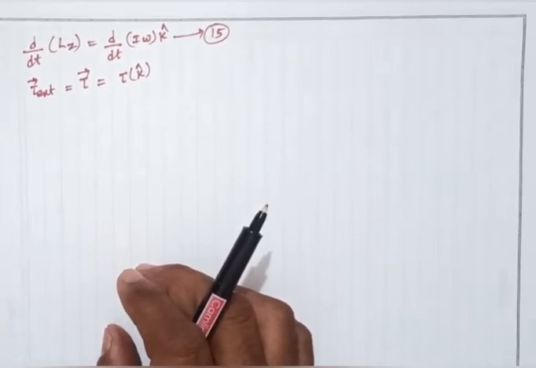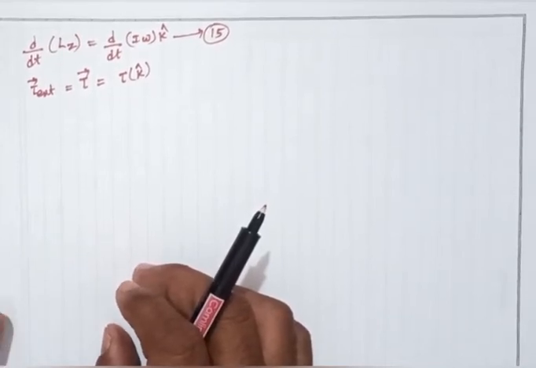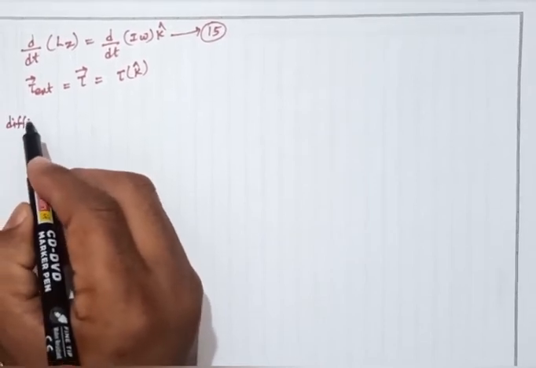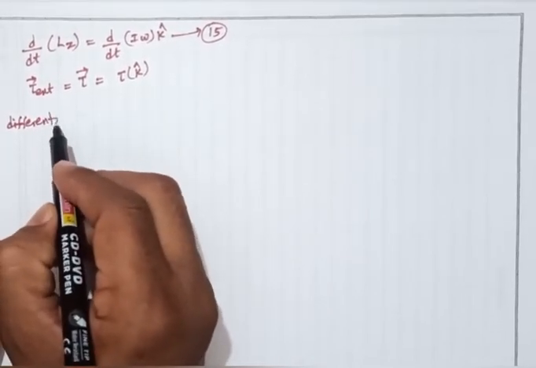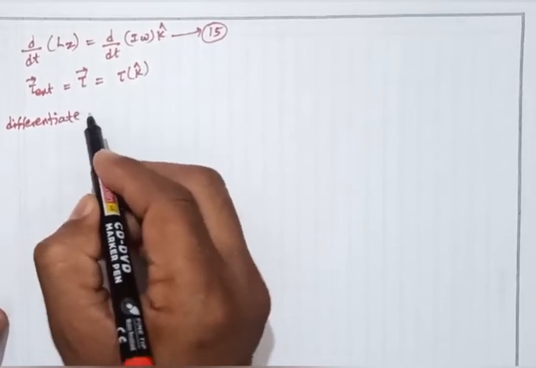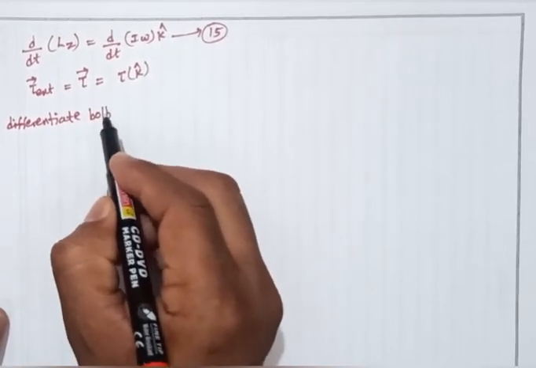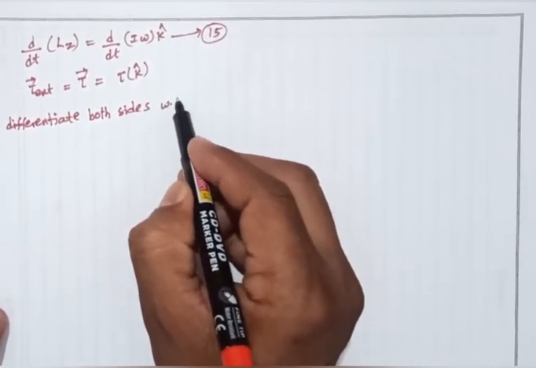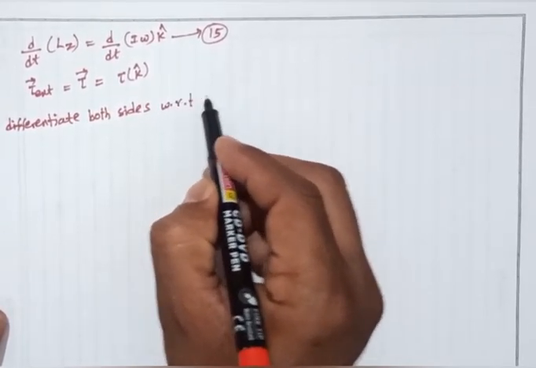L equals Lz plus L perpendicular. Differentiate both sides of equation number 10 with respect to time.